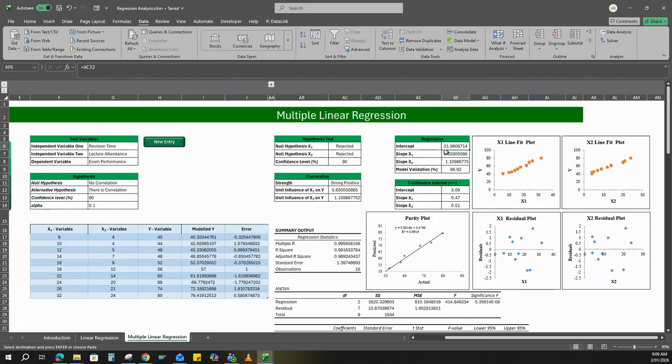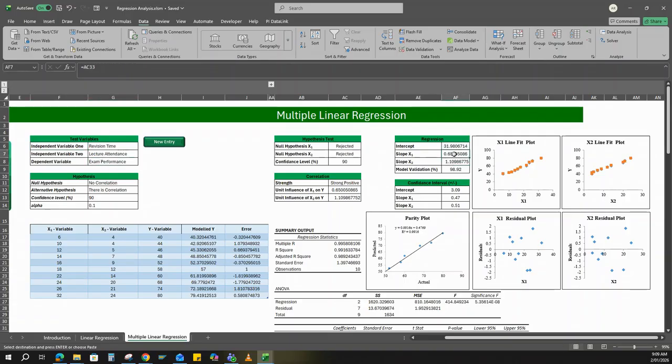If the student does not do revision and does not attend lecture, then the exam performance is this value here, around 31.98 points. So essentially, we are saying that there is no influence of the two variables on the dependent variable.